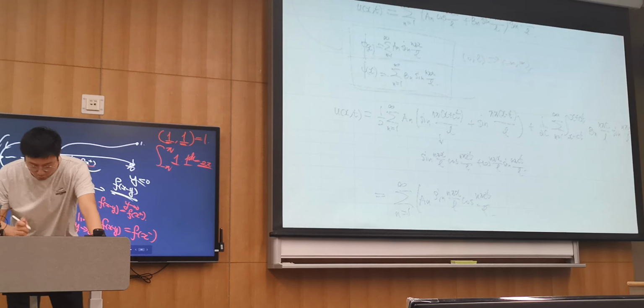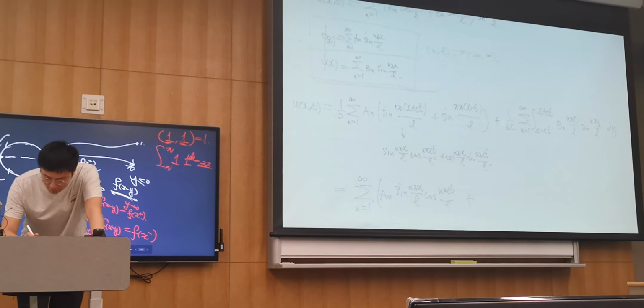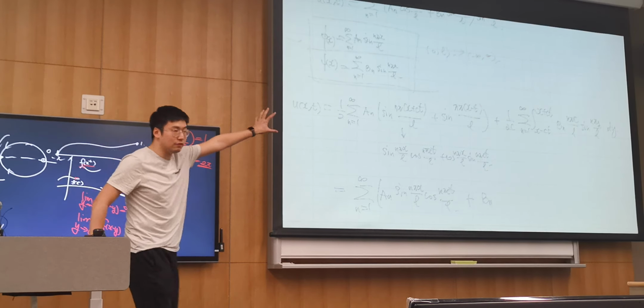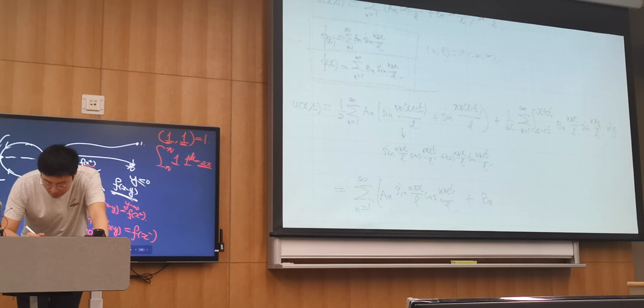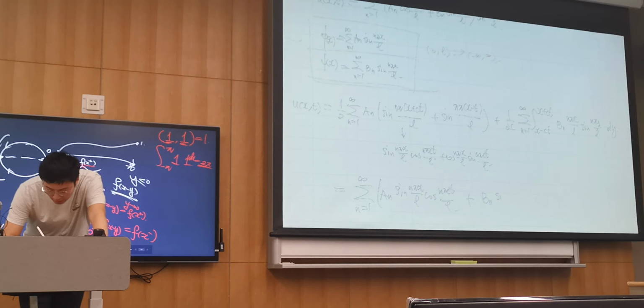And the second term, because I worry too much that my tablet is going to run out, so I'm going to reveal the answer. That's actually not so hard if you want to directly do the integration, right? So that's going to be b_n sine m pi x over L, and then sine m pi ct over L.